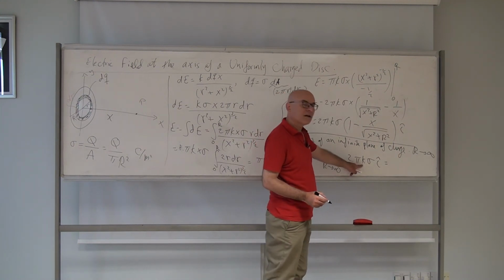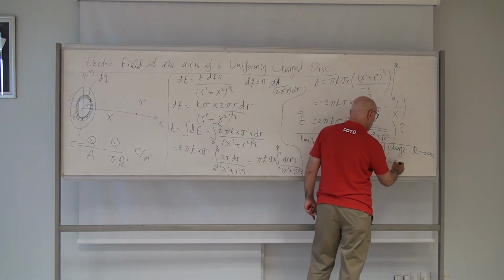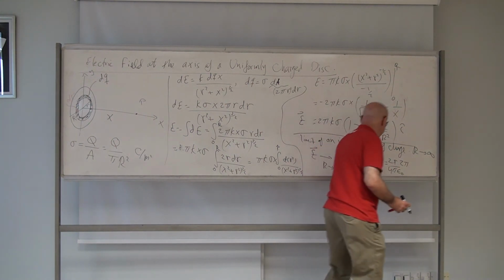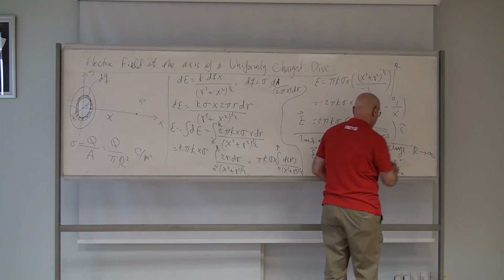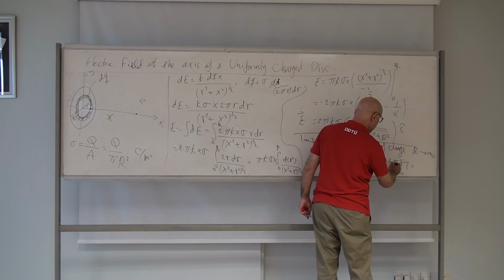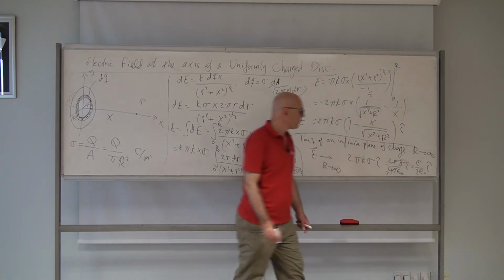Okay? And if you substitute K as 1 over 4 pi epsilon naught, then this becomes 2 pi over 4 pi epsilon naught multiplied by sigma i hat, and these cancel, so it becomes sigma over 2 epsilon naught along i hat.